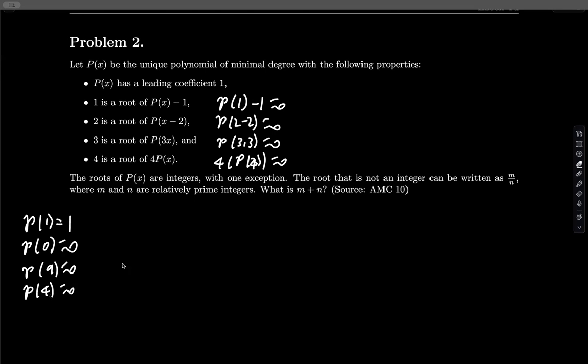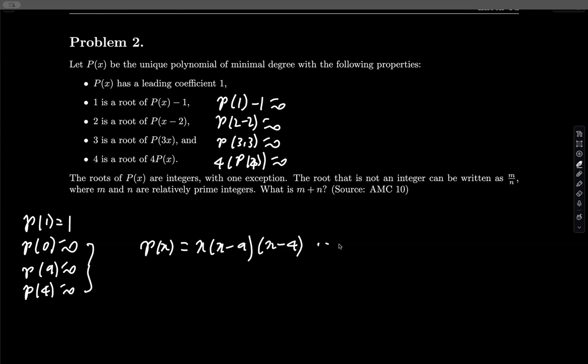Yes, and now let's try to write this polynomial. Because we know these three conditions, we know that 0, 9, and 4 are roots of the polynomial p of x. So we can simply write p of x like this: x times x minus 9 times x minus 4.